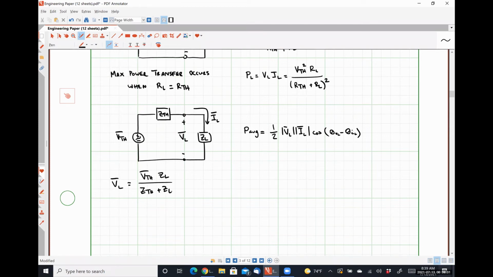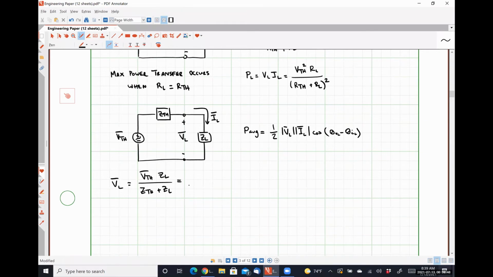Seem reasonable? All right. So what I'm going to do now is express those impedances in their rectangular form. So they'll have a real part, which is the resistance, and an imaginary part, which is their reactance.